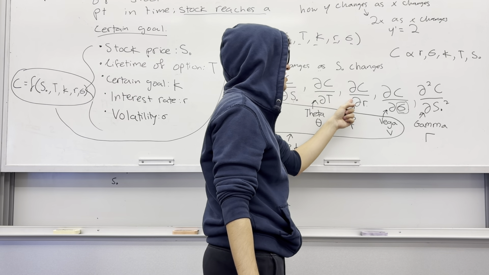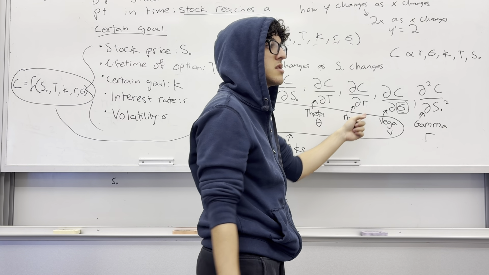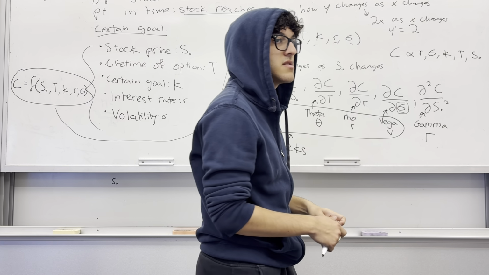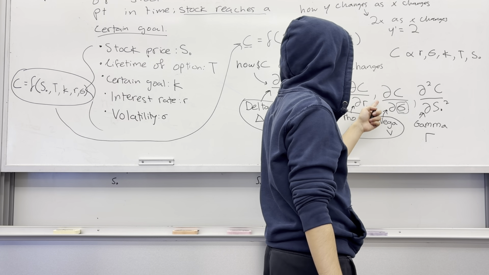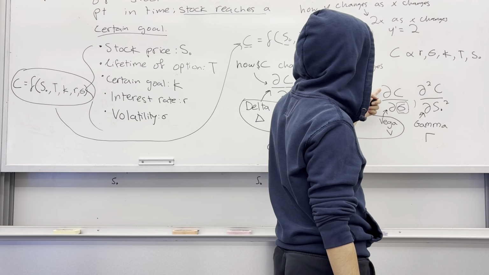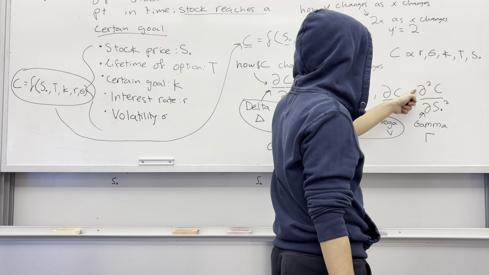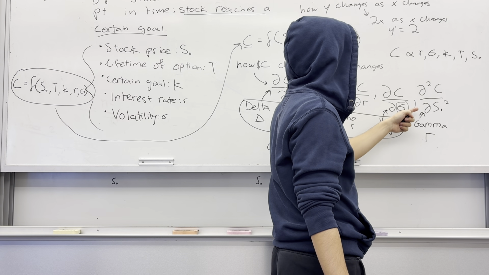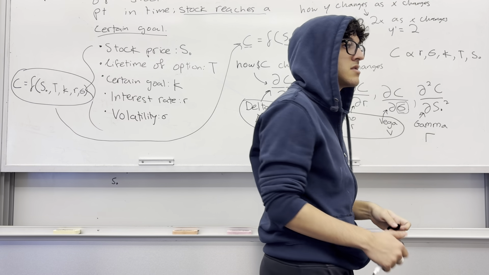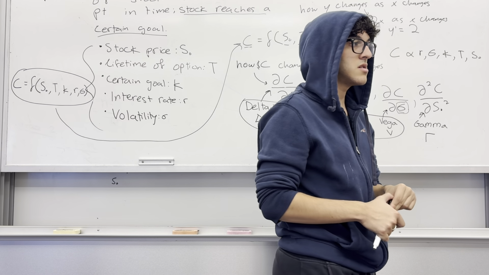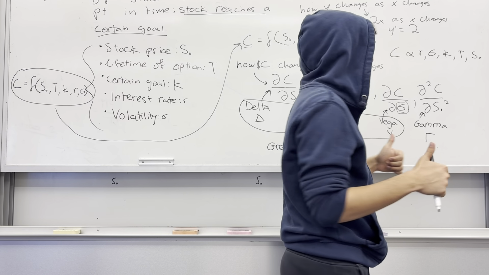Rho is the change in the call as the interest rate changes. This is not really important because it doesn't move too much. Vega is the change in the call as the implied volatility changes. And gamma is the change in the call as delta changes. Does that make sense to everyone?